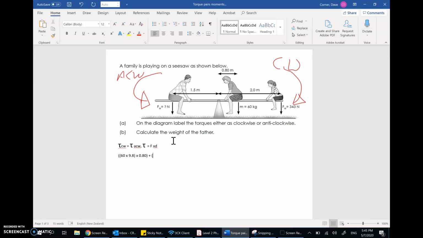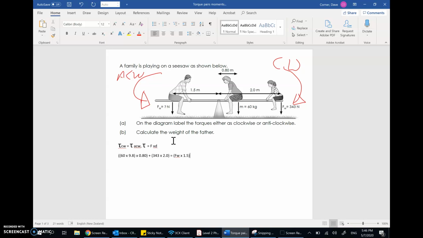It's slightly easier here because we don't have a mass, we actually have her weight, so 343 newtons multiplied by the 2 meters that she is from the pivot. Those are the clockwise torques, and they have to equal the anti-clockwise torques. Now, we don't know the force of the father, so we'll just call that Fw, and he is currently sitting 1.5 meters away from the pivot.